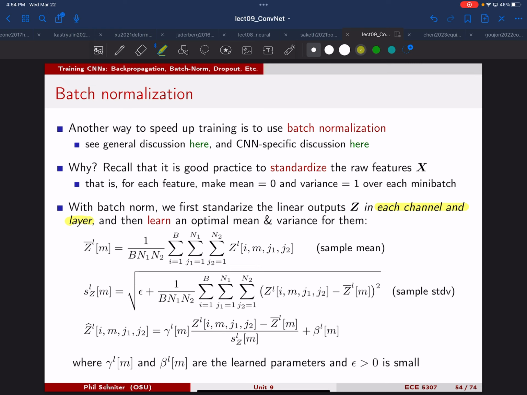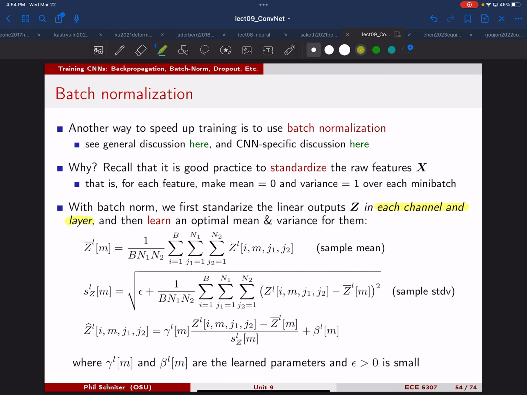There's different ways to think about it. Basically, if it knows that the inputs are all within a certain range, it can use them much more effectively. If sometimes it has inputs that are several orders of magnitude above or below 1, it's just hard for that layer to know what to do.